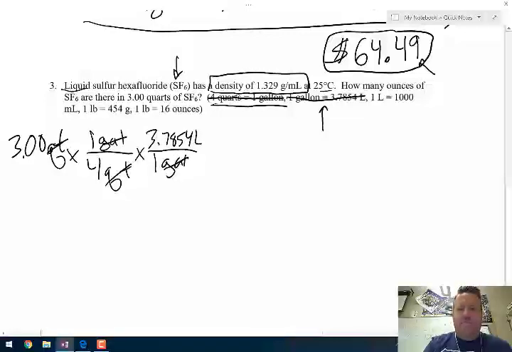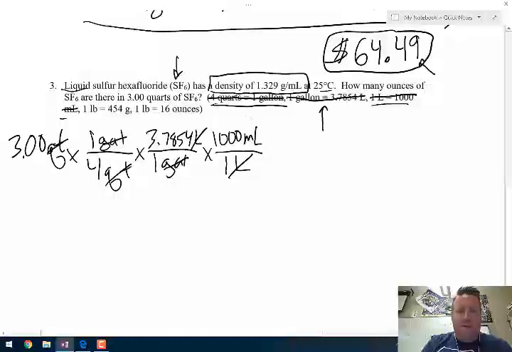Now I know that I have to cancel liters next. So here's a conversion: 1 liter equals 1,000 milliliters. So 1 liter on the bottom, 1,000 milliliters on the top. So liters cancel.